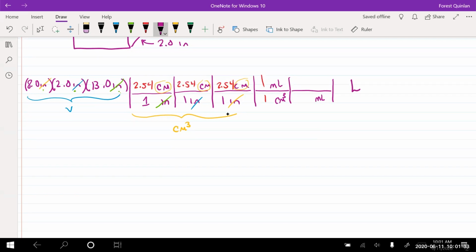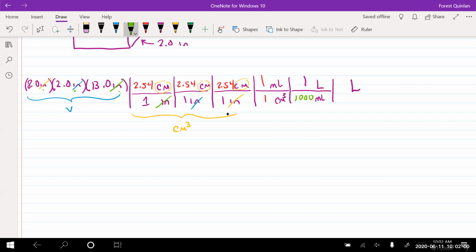On top? Liters. Which one's bigger, liters or milliliters? Liters. Okay, so for every 1 liter, how many milliliters? 1,000. Yeah, that's correct. Right, because milli is 10 to the -3, so we need 10 to the +3 or 1,000.